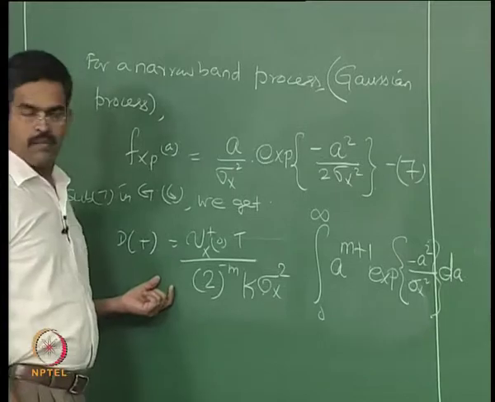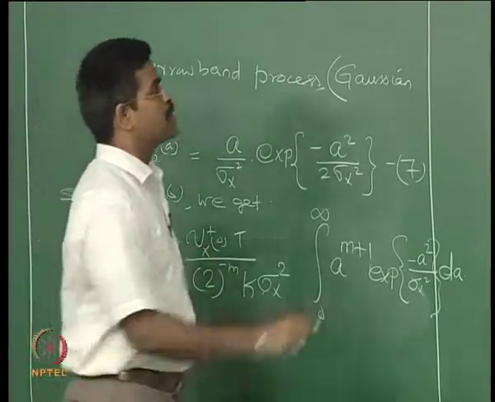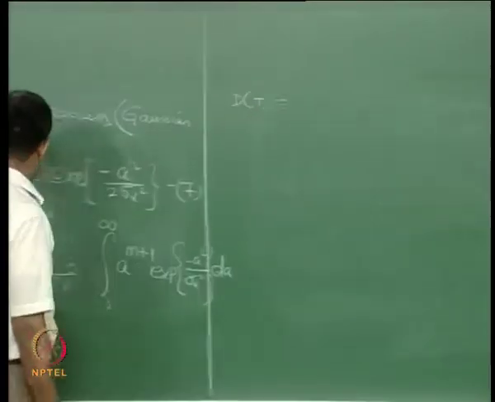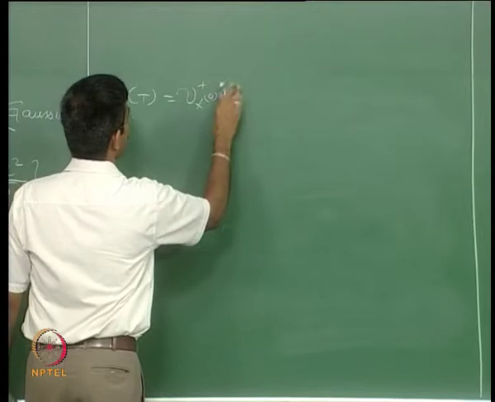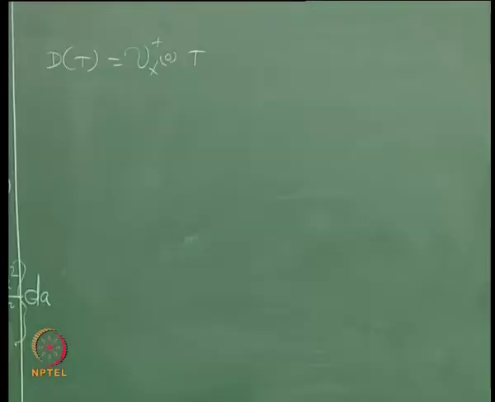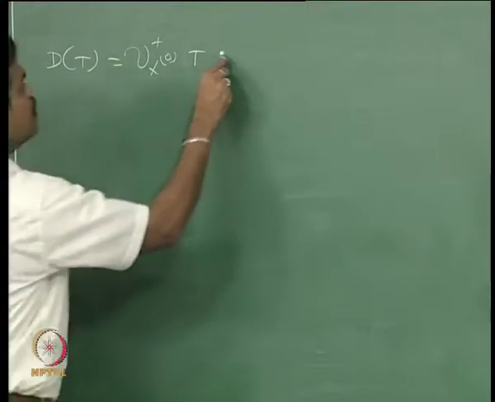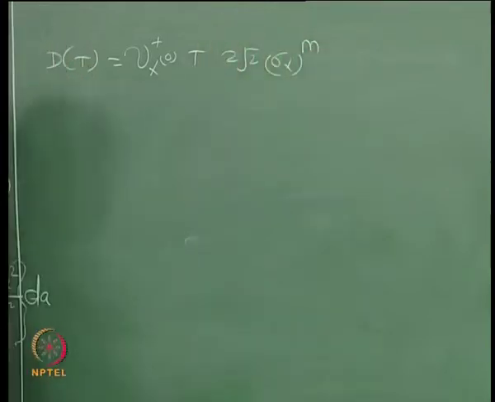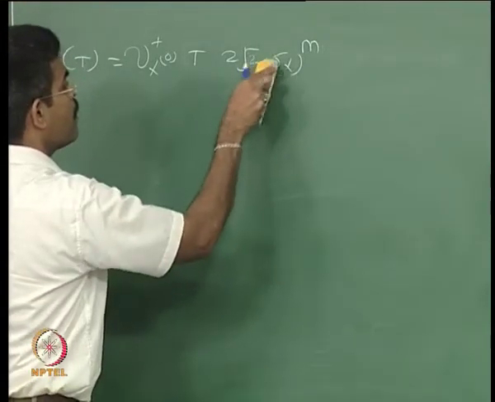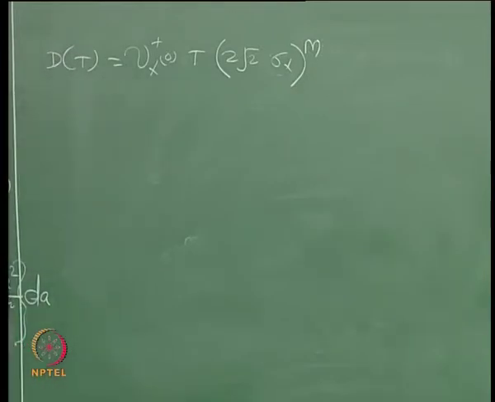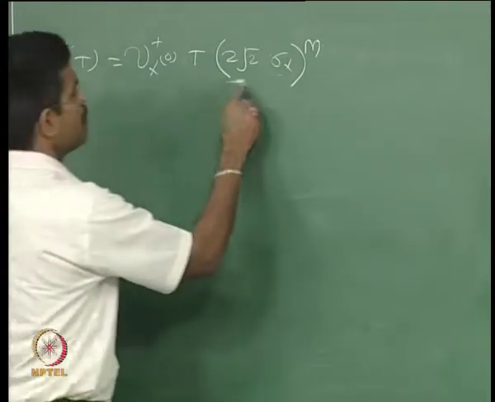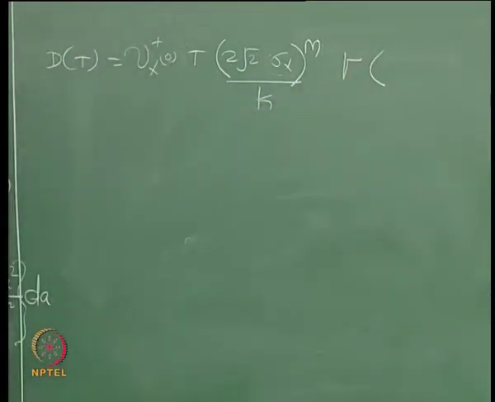Now, integrating this equation over the domain 0 to infinity, I can rewrite this equation as D of t equals v_x plus 0 t, to root 2 sigma_x to the power m, that should be rather the power of the whole variable, by K, gamma function of 1 plus m by 2.